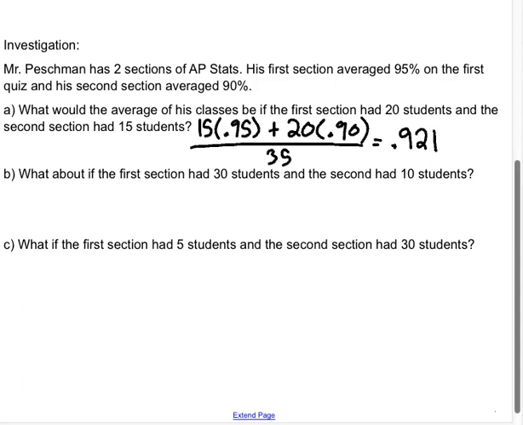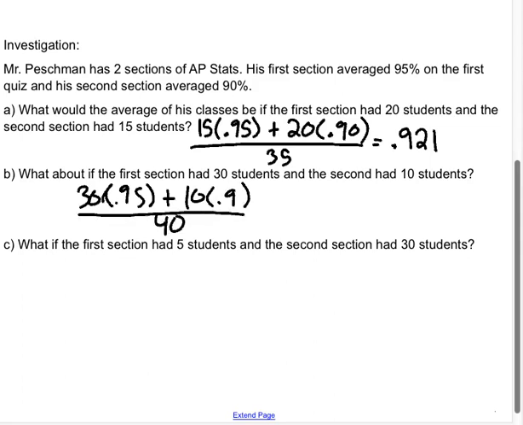What if my first section had 30 now? So 30 kids that got 95%, and 10 kids that got 90, this time out of 40. So 30 times 0.95 plus 10 times 0.9, divided by 40.